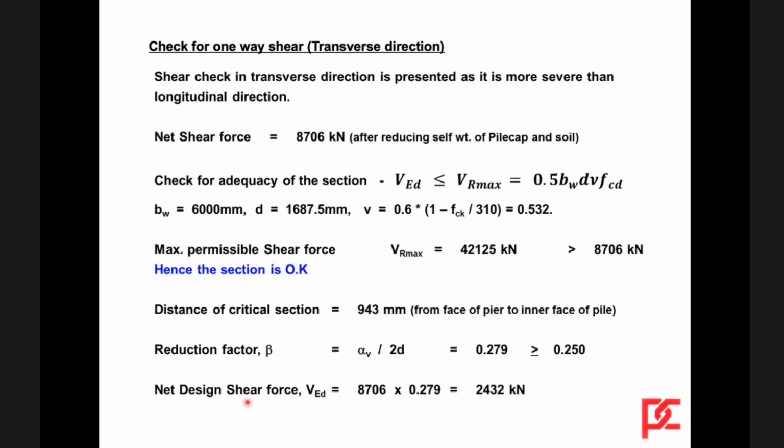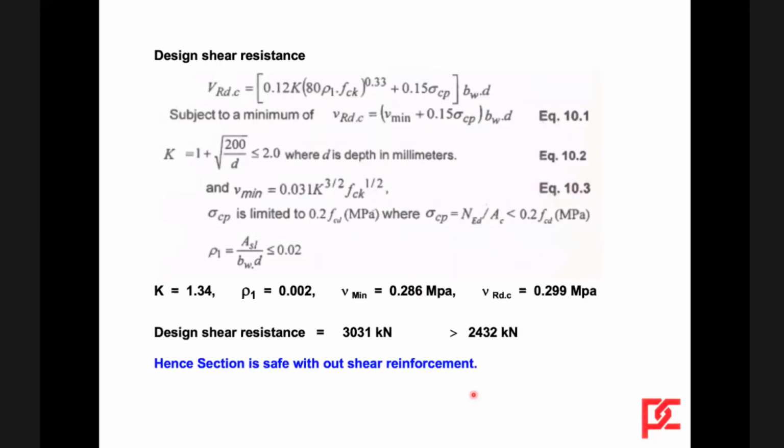So that means only a part of the pile load is coming as shear. Only this 2432 is coming as shear, and then using this formula we have calculated the shear resistance as 3031, more than 2432. Hence the section is safe without shear reinforcement.